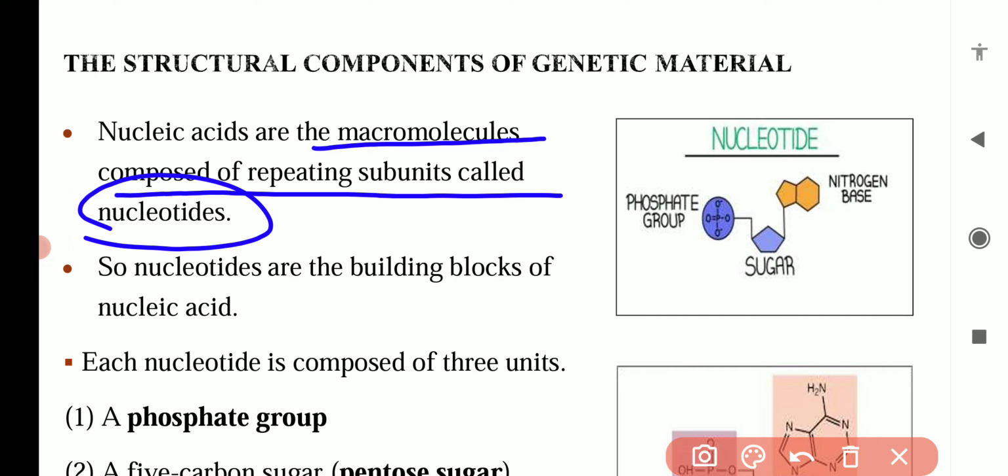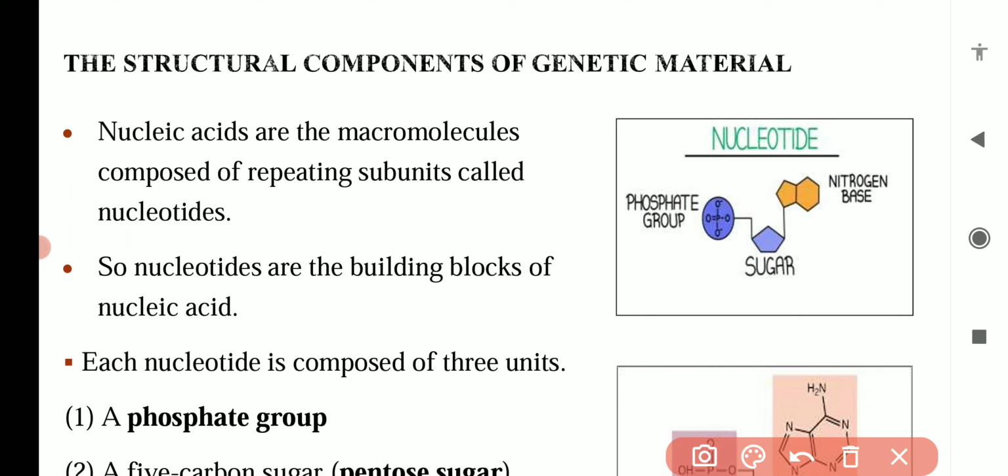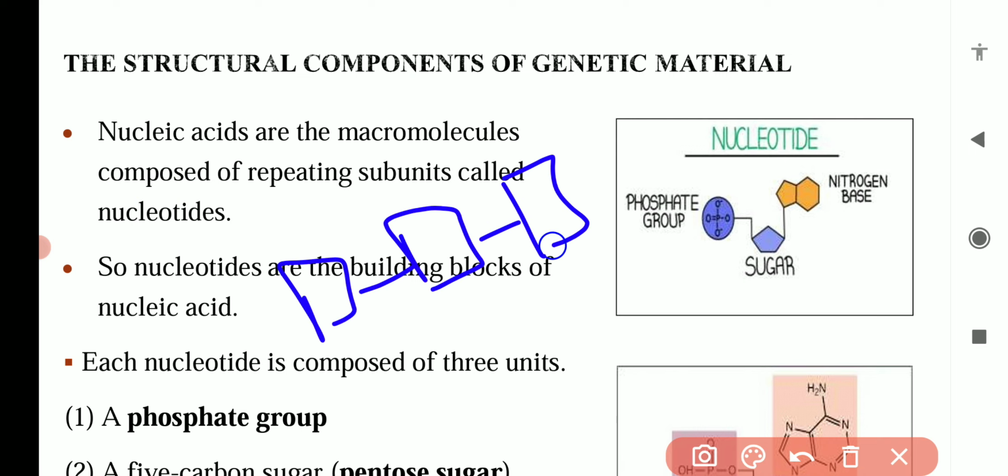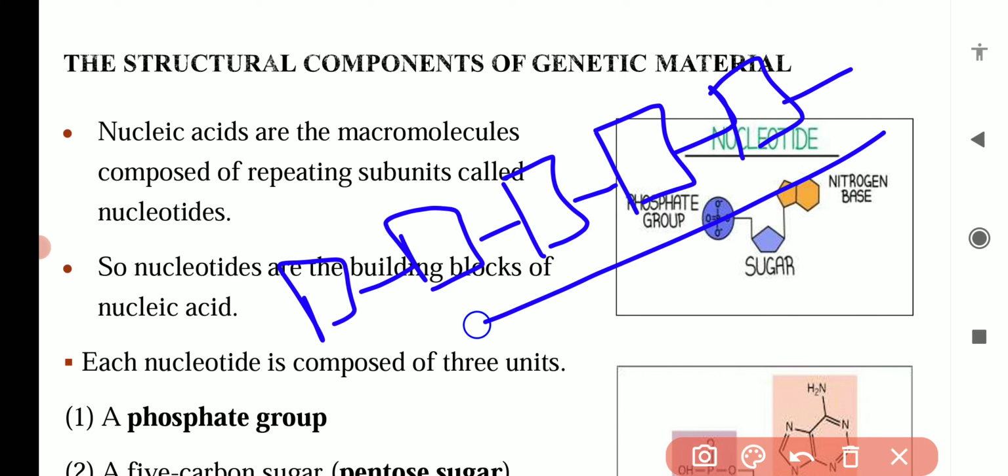So we can say the monomeric unit of genetic material or nucleic acid is the nucleotide. Monomeric units are the several units which join together to form a long molecule or macromolecule like the DNA molecule.